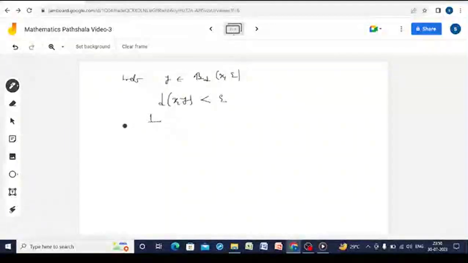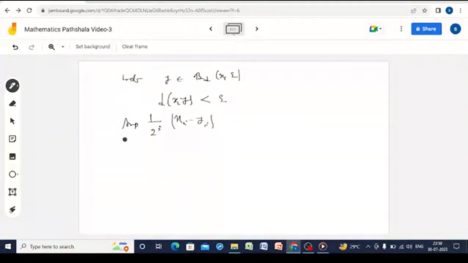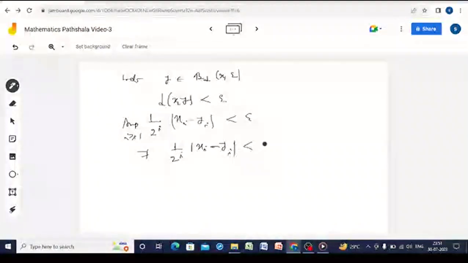That means our sup of (1 by 2 to the power i) mod xi minus yi, for i greater than or equal to 1, is less than epsilon. And so that means our 1 by 2 to the power i mod xi minus yi is less than epsilon for all i.